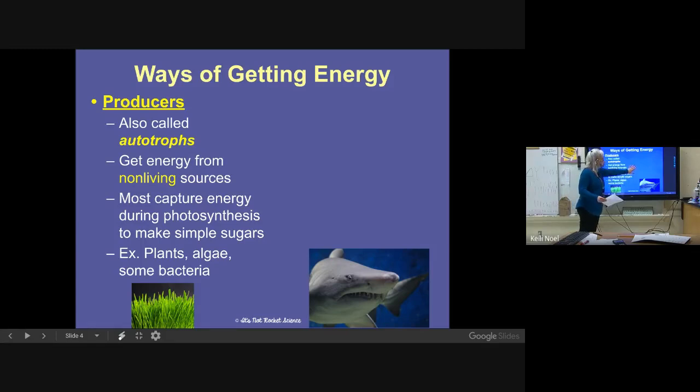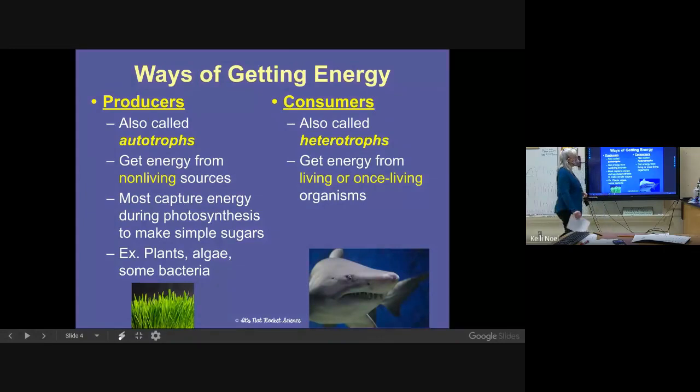Then we have consumers. These are heterotrophs. They have to consume, they have to eat something to get their energy. So that source of food is either going to be something that's living or once living, because we have some organisms, some bacteria, some fungus that will feed off of decaying organisms.